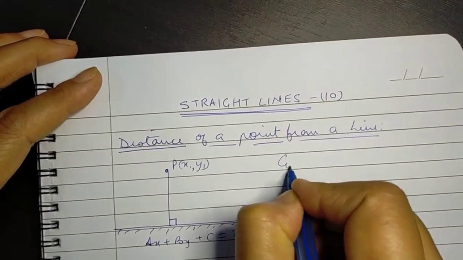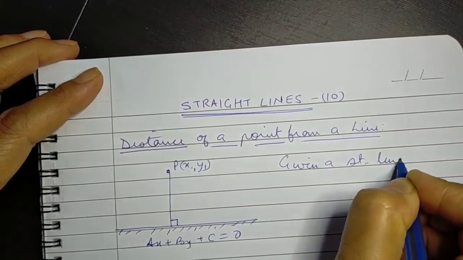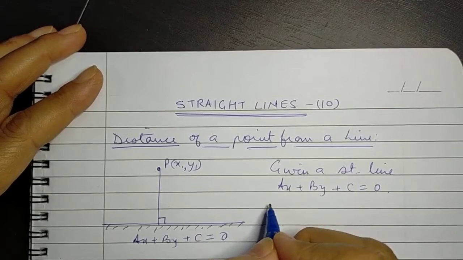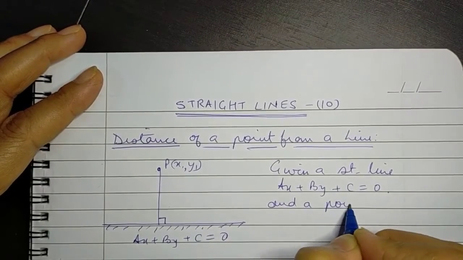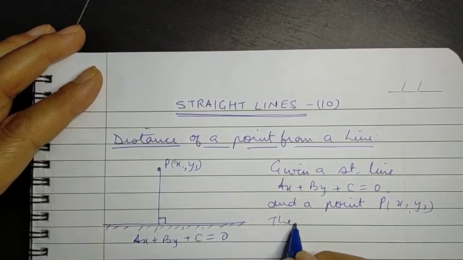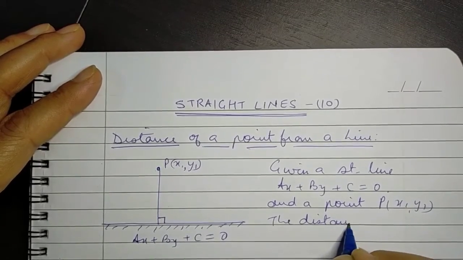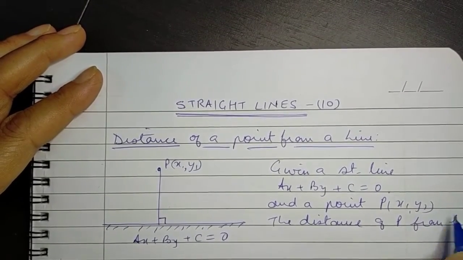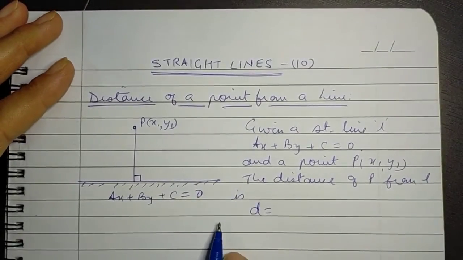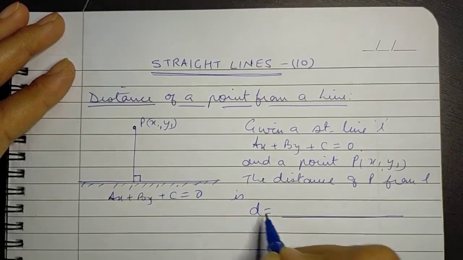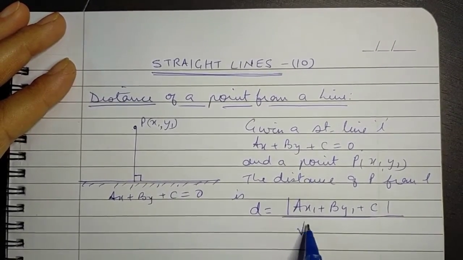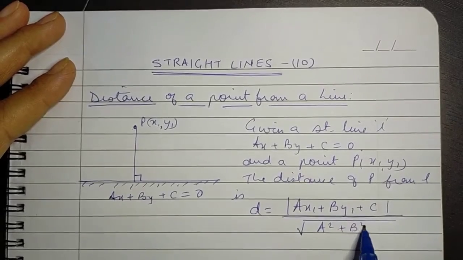So given a straight line ax + by + c = 0 and a point P(x1, y1), the distance of P from L, suppose we denote the distance by small d, is equal to modulus of ax1 + by1 + c whole upon square root of a squared + b squared.